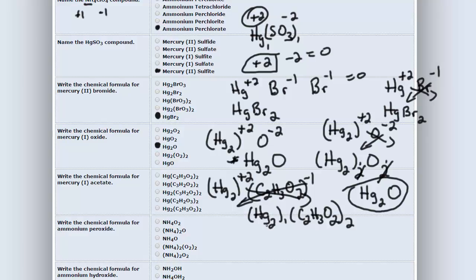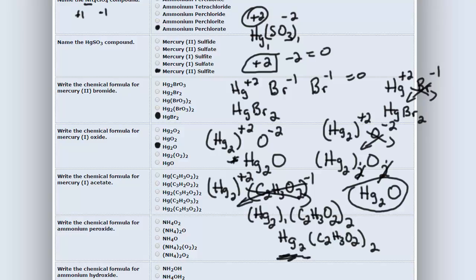Now there's only one of these units in parentheses, so we can ignore the parentheses, and we're going to get Hg2 parentheses C2H3O2, and we have subscript 2. And that's our answer. Don't be misled in thinking that you have to reduce here, because this part right here, that's mercury 1.